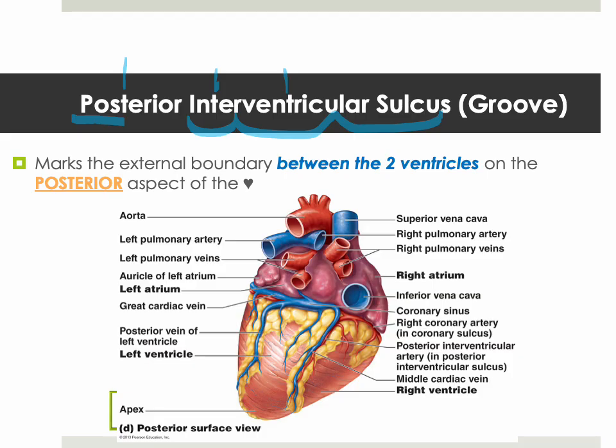And then on the front, meaning anterior, there's that anterior interventricular sulcus, where the interventricular artery is, right? Now in the back, we have a posterior interventricular sulcus, and it's the one that we're seeing on this slide. It divides the two ventricles because it's interventricular, right? And this is where also the posterior interventricular artery is, okay?